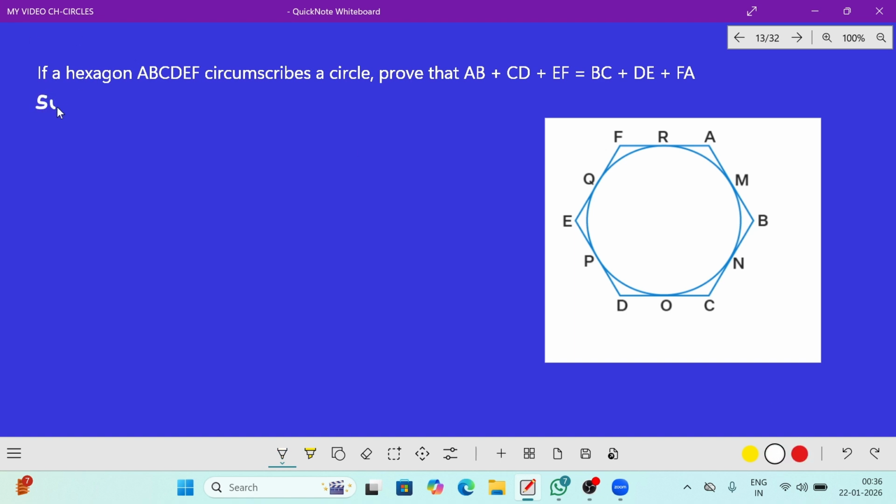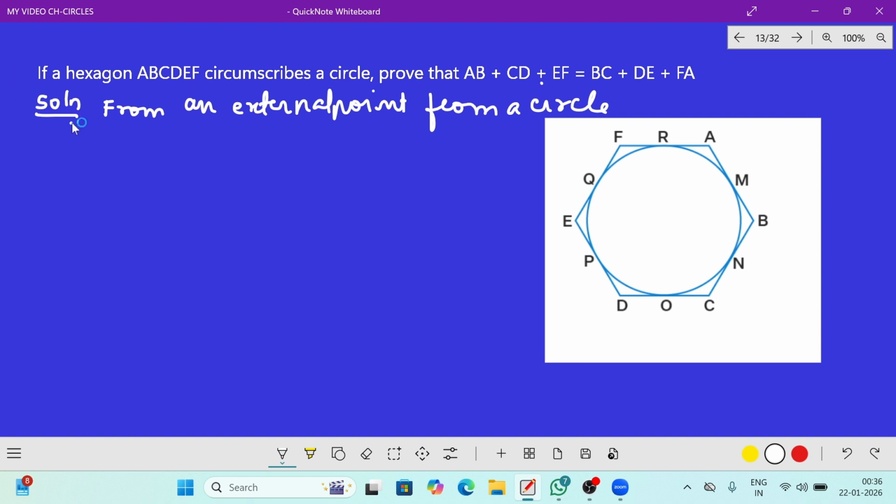The solution starts like this. From an external point to a circle, the tangents are equal.